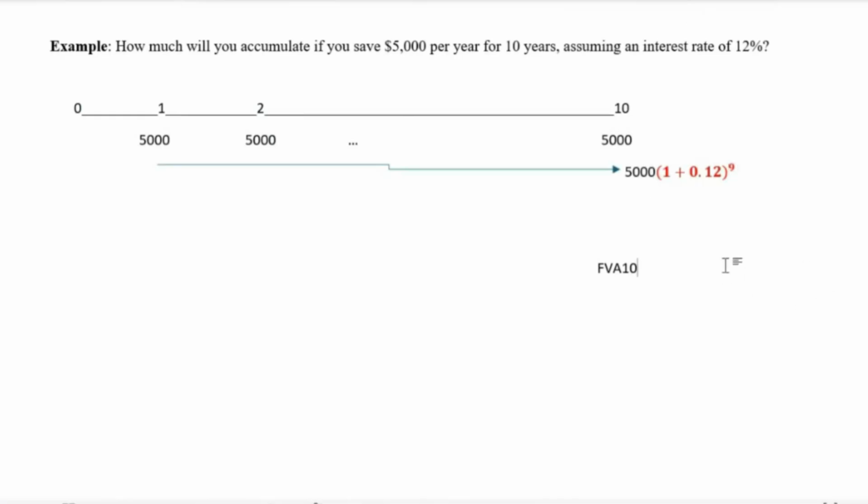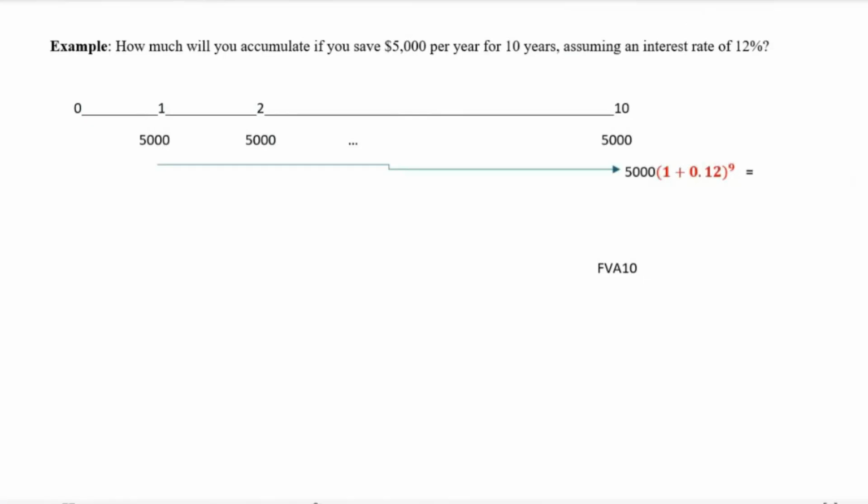Why? Because the distance between end of year 1 and end of year 10 is 9 years. So let's figure it out.